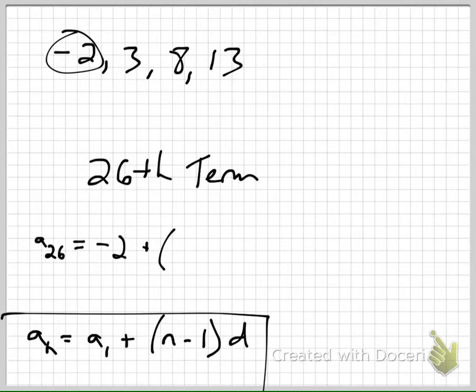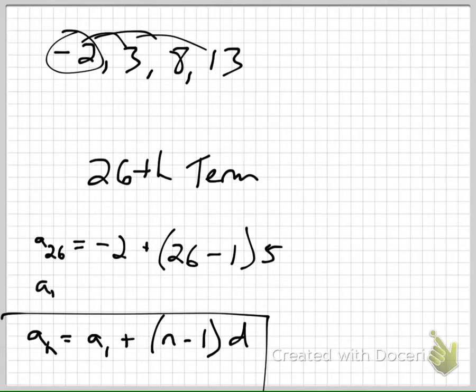If A_n is A_26, then n is 26, minus 1, times, what's the common difference? 5. What is 26 minus 1? 25. What is 25 times 5? 125. So I have A_26 equals negative 2 plus 125.